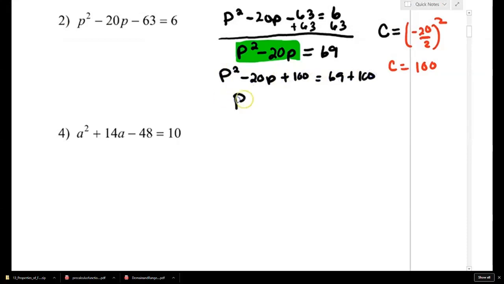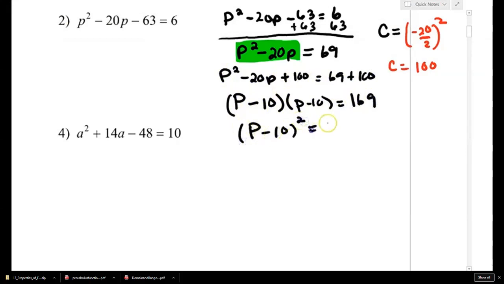So here you're going to have p minus 10 squared, but I'm going to go ahead and say it right. P minus 10 times p minus 10 equals 169. So you have p minus 10 to the second power is equal to 169. Get the square root of both sides. So you have p minus 10 is equal to the square root of 169, which is 13, but it can also be negative.